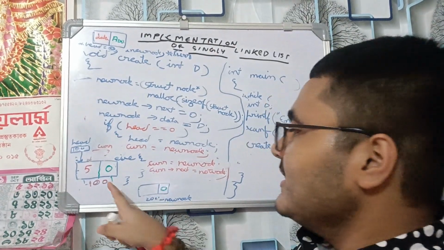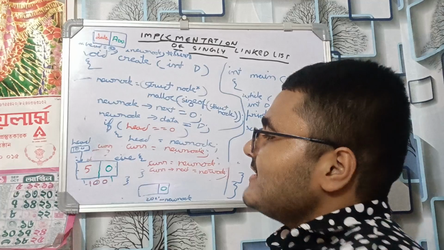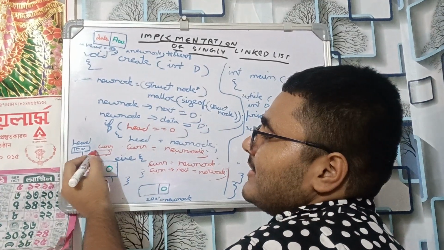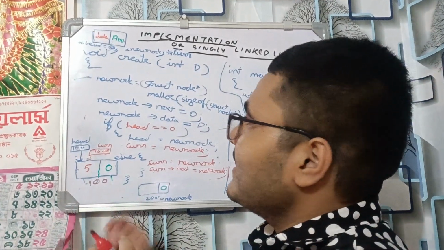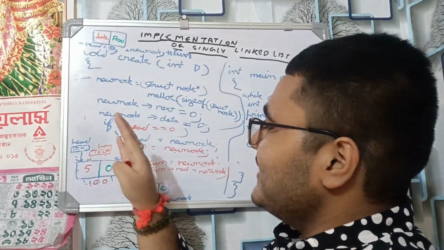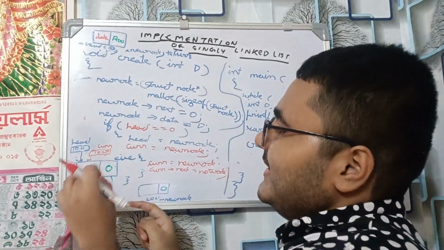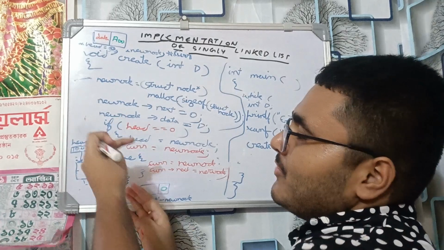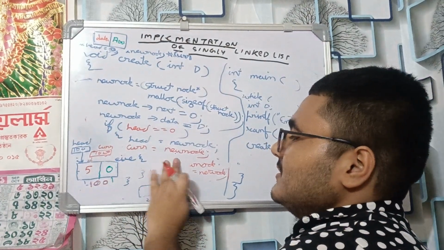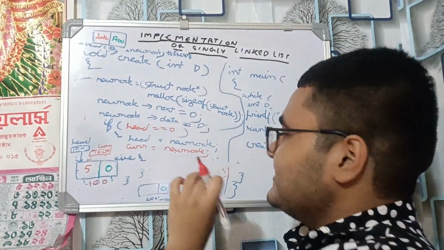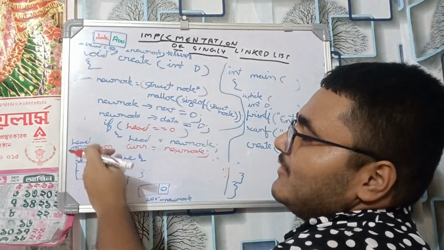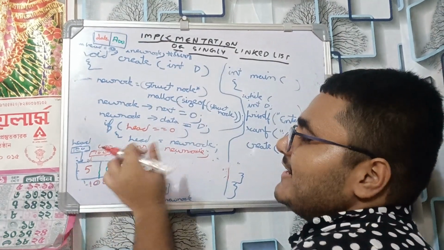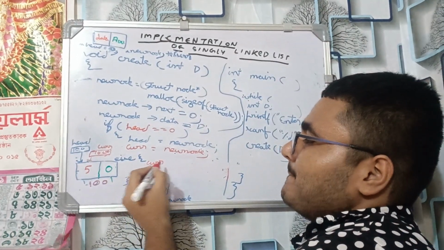Okay, so current is now pointing to this one initially. So initially, when this node was created, current is equal to new node. Just a second. Initially when this was created, current was pointing to this node.